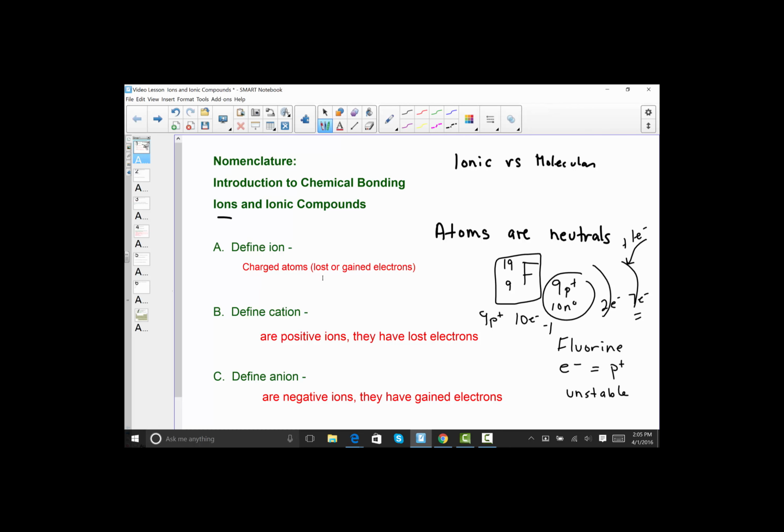Atoms will either lose or gain electrons to become charged. If the atom has gained electrons, we know it to be a negative charge. We call it an anion. If atoms lose electrons, they become positively charged and we call them a cation.